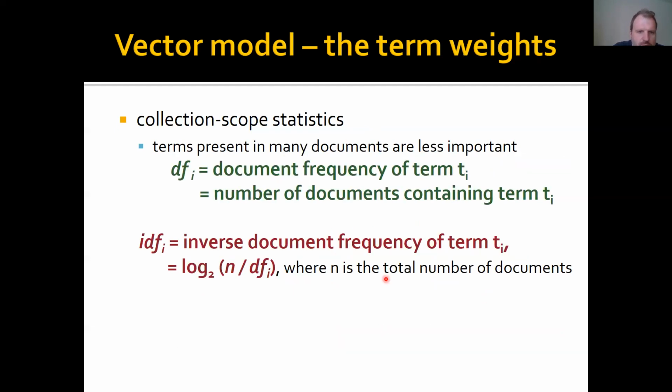The second component is IDF, and the IDF comes from DF, and DF is the number of documents where a term ti is appearing. This characteristic goes against the TF, because when TF is high, the term is more and more important for the document.